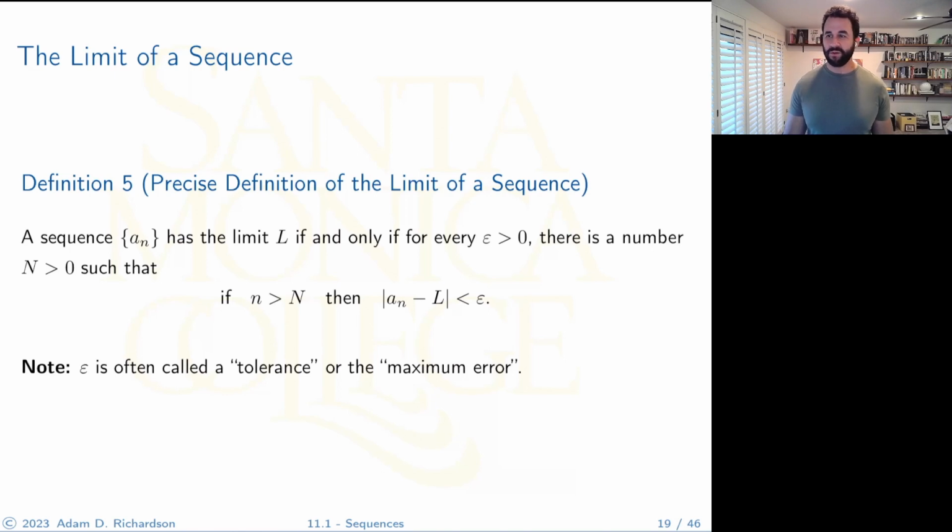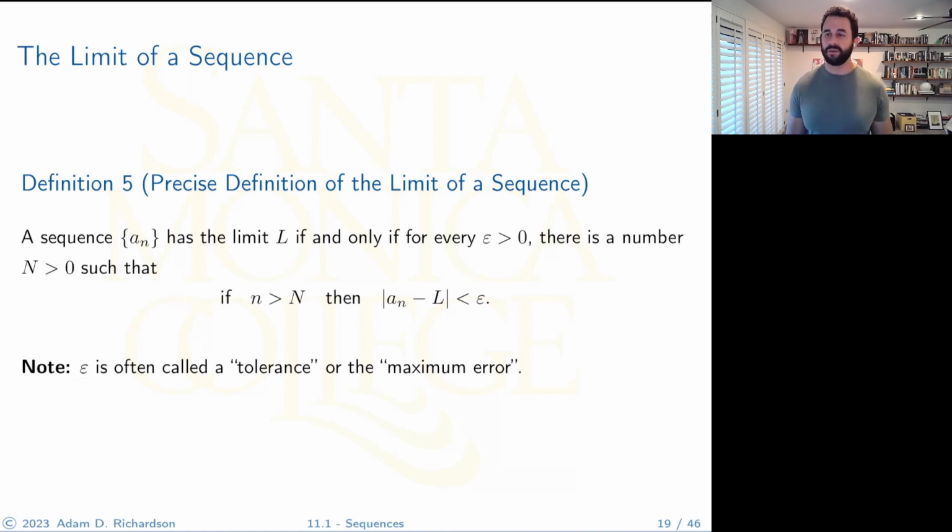All right, so let's get an intuitive understanding of what this precise definition is saying. This is saying that if you're given any epsilon, so any positive number, then there's a special number, capital N, where as long as your index is bigger than that number, the distance between your sequence and the limit is small. So I have this note down here.